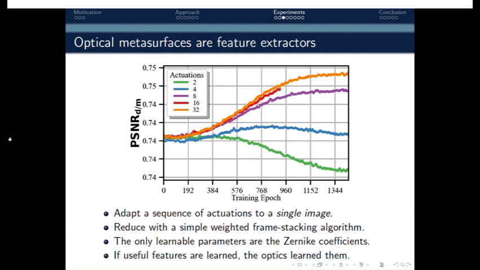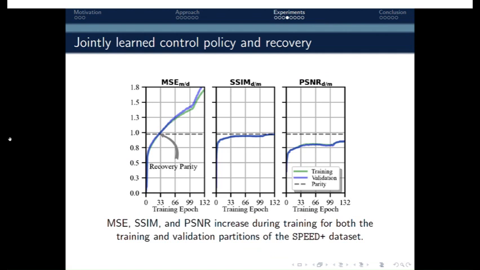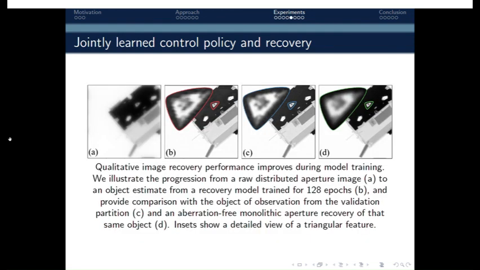Our experimental procedures are in the paper, but our conclusion was yes, in fact it can, and by increasing the actuation depth, you can actually get better performance on the overall task model, indicating that there are features that can be learned and produced from the control policy that the recovery model alone cannot create. The major question in this work is, can we jointly learn control policy and recovery algorithms? And the answer is yes, and to a degree that exceeds the equivalent performance of monolithic aperture telescopes. And we have qualitative results that back those conclusions up, which are described here.